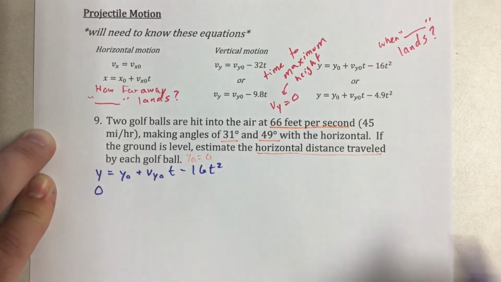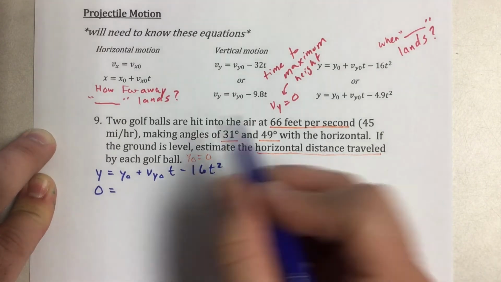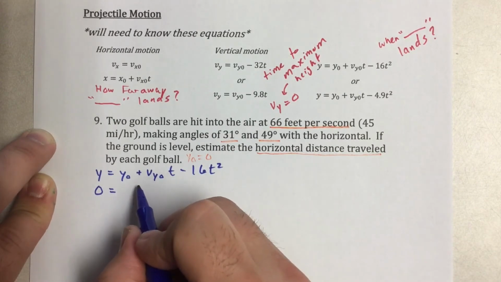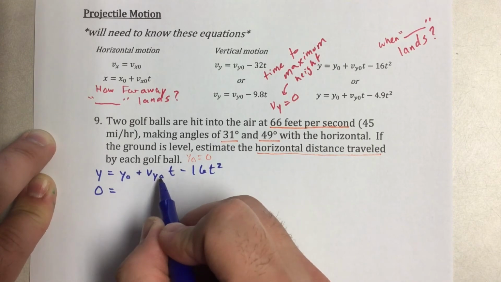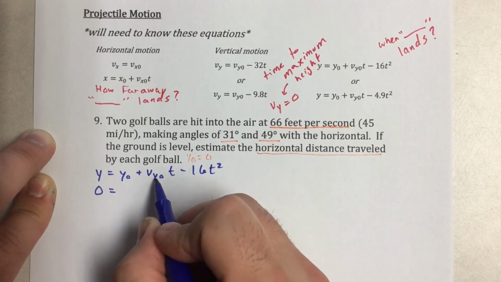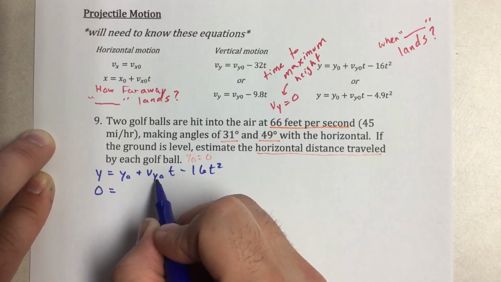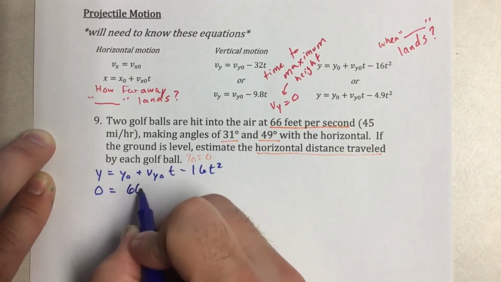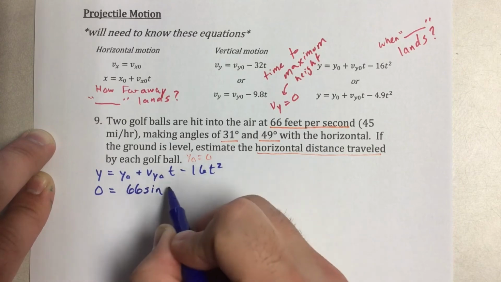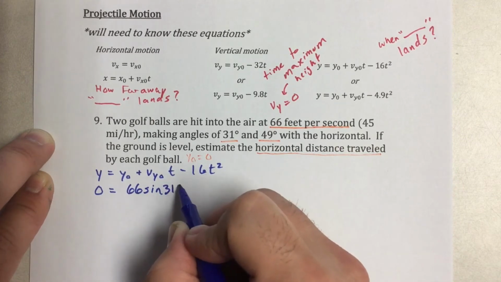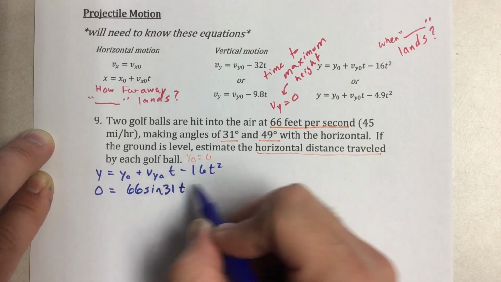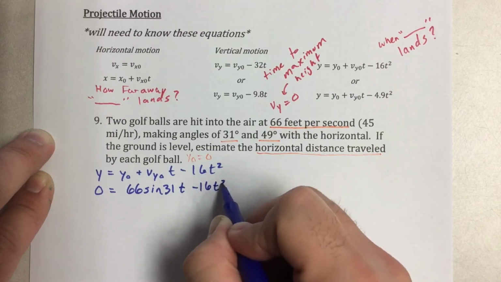So our desired height's 0. Our initial height's 0. Okay, so I'm not going to write anything there. V sub y sub 0, this is the y component of velocity, which is velocity multiplied by the sine of our angle measure. Let's do 31 degrees first. So we have that, and we multiply that by t, and then minus 16t squared.